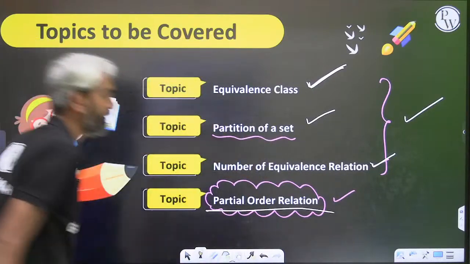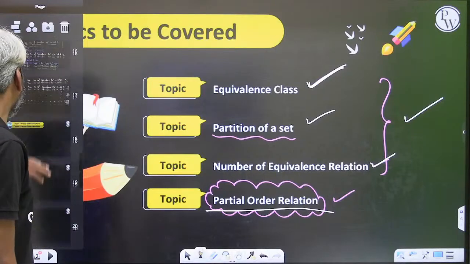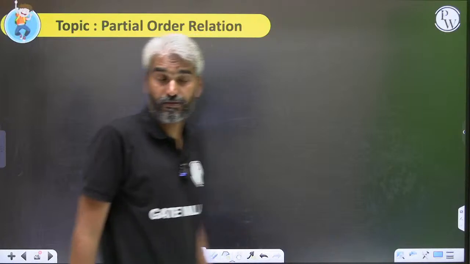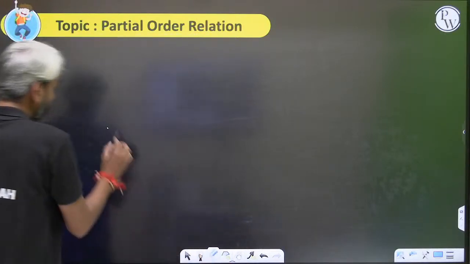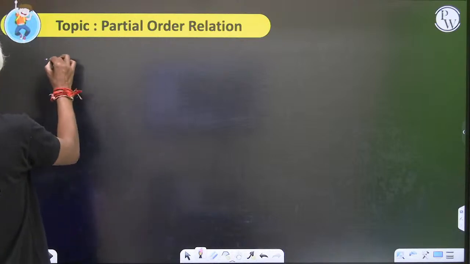Now we'll start with the partial order relation. So what is a partial order relation? Equivalence relation is a relation which is reflexive, symmetric, and transitive. Then what is a partial order relation? Just note down.